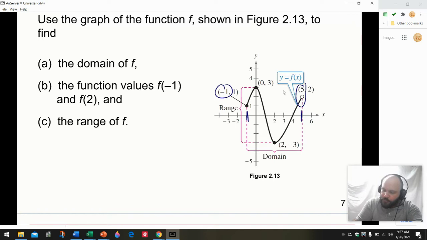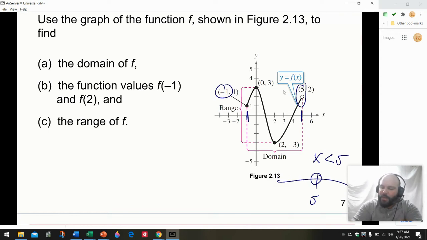Now, if you recall, if I were to graph something like x is less than 5 on a number line, we would have an open dot on the number 5, and then we would be shaded to the left. So this is kind of just like that, in that the graph goes up to 5, but does not include 5.